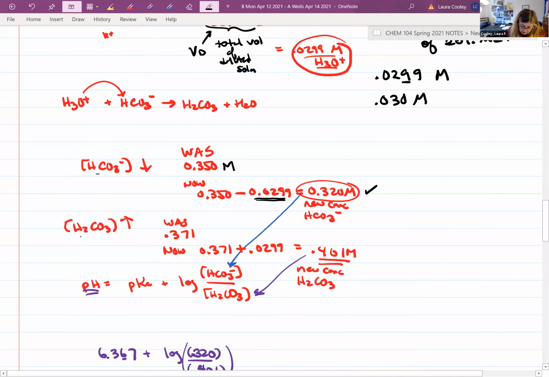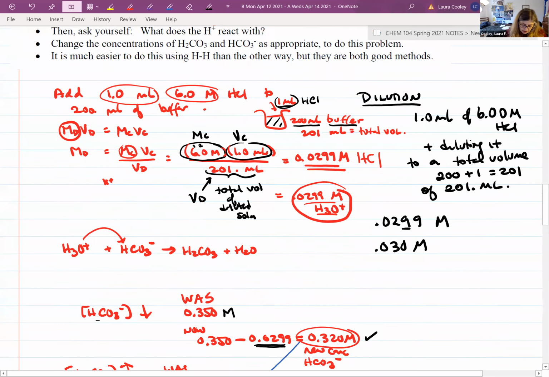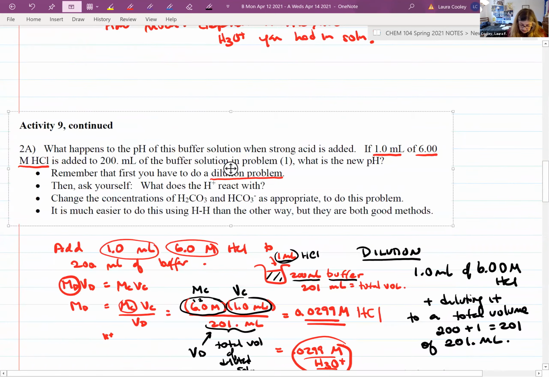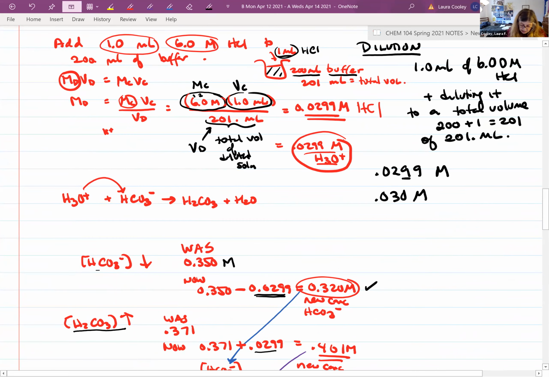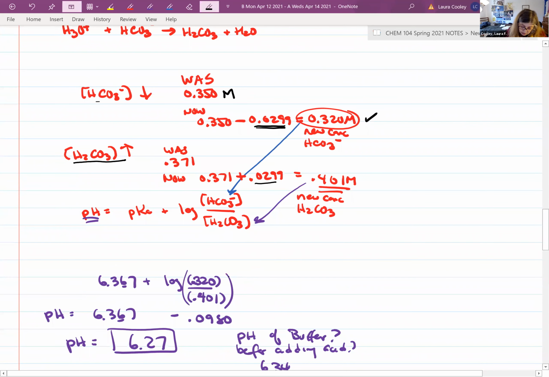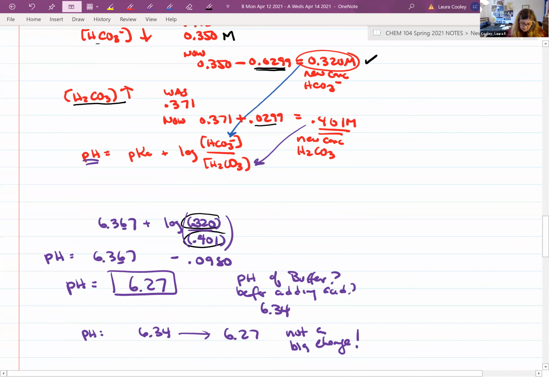For the acid, I have to add 0.0299 because however much H3O plus was added, that's how much this reaction here that I showed you before is going to go forward and increase the amount of the HA. And so now I just have different numbers here. I have 0.320 on top, 0.401 on the bottom. And so now I get a pH of 6.27.